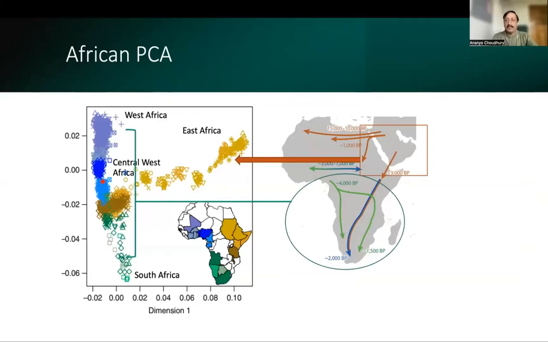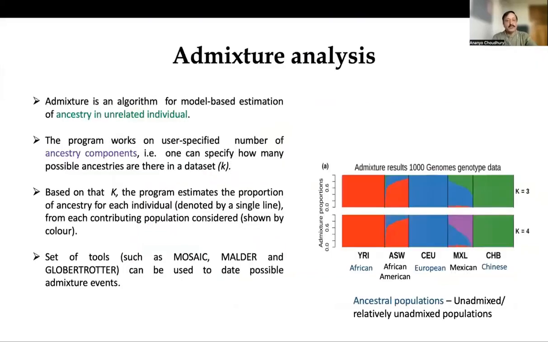And this is a very basic PCA on a limited set of populations, and we will see in a while how the inclusion of additional populations enhances the resolution and also generates more insights. So when a population moves to a new area, it often exchanges genes with the populations residing there, making gene flow events a key marker of migration.